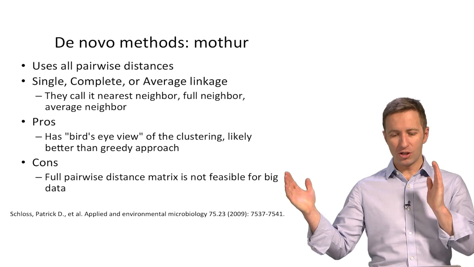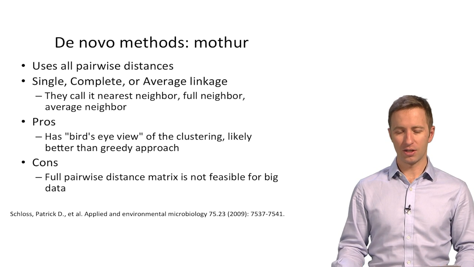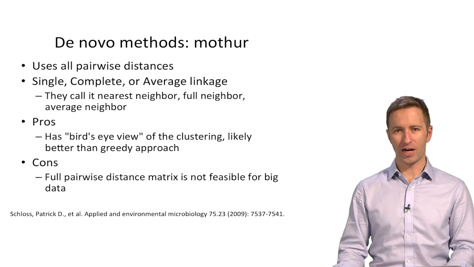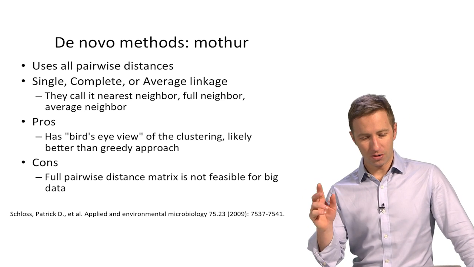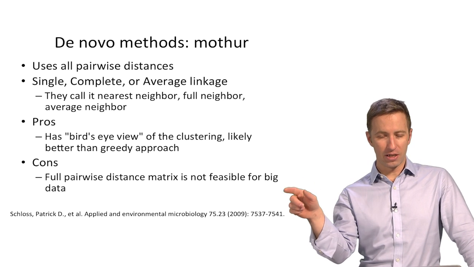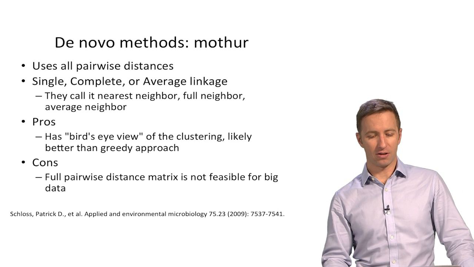However, once you've got the distance matrix, you can start to do real single linkage, complete linkage, or average linkage clustering. And that's actually what Mothur does. But they call single linkage nearest neighbor, complete linkage furthest neighbor, and average linkage average neighbor.